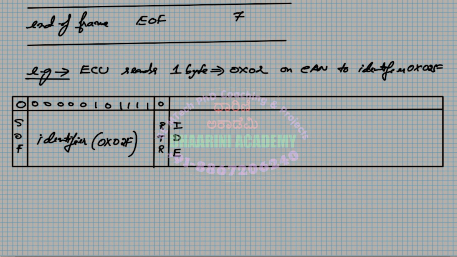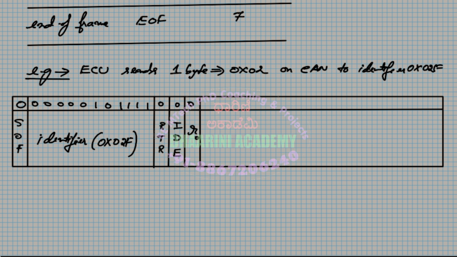Since this is a data frame, I am going to keep that as 0, all right? So this becomes 0, followed by a reserved bit, that is R0. It will also remain 0 for whatever data frame we are sending. So make that a 0.